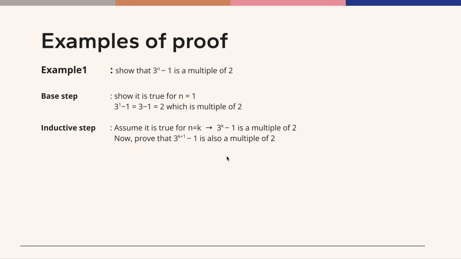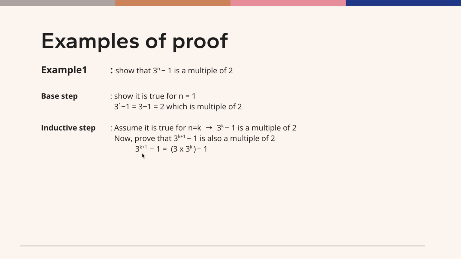Now, we need to prove that 3 to the power of k plus 1 minus 1 is also a multiple of 2. It can also be written in this way, and you can further write it in another form in order to get what we want.